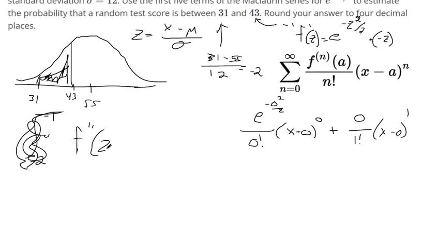We need the product rule, right? Because it's the derivative of the first term, which we just did. I'm going to put the negative z out front. Negative z e to the negative z squared over 2 times the second function of z kept the same. So again, I'm just using the product rule.